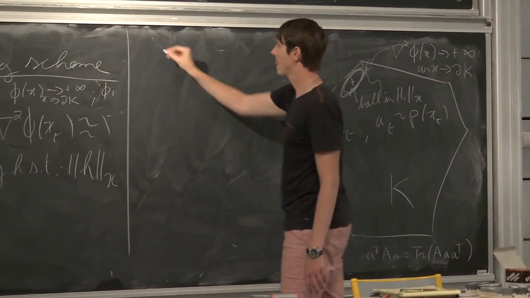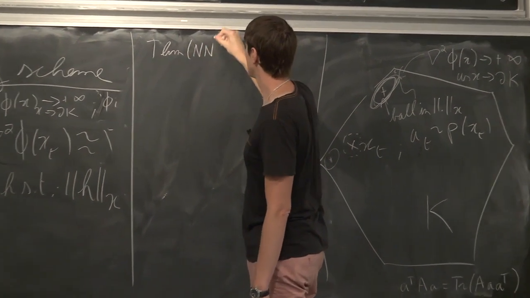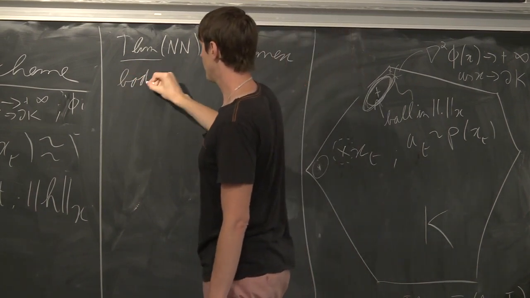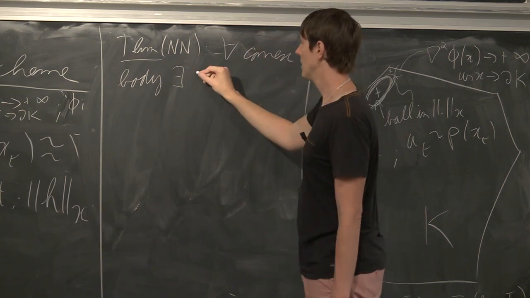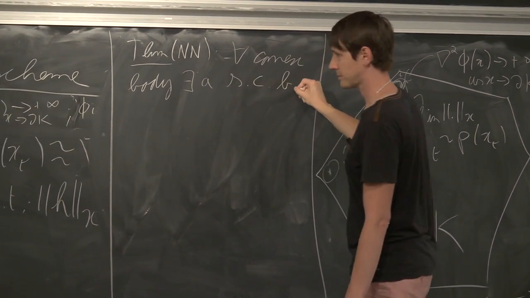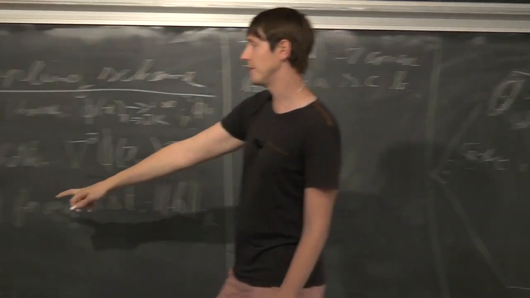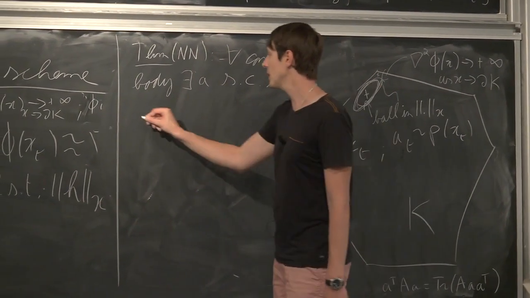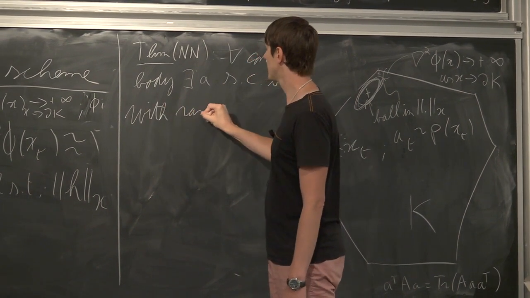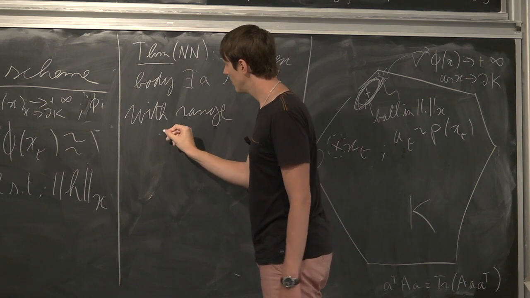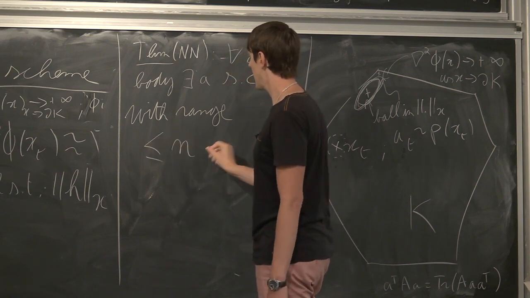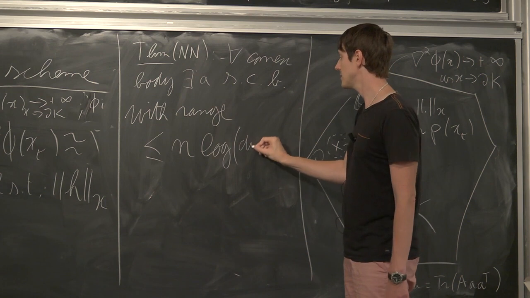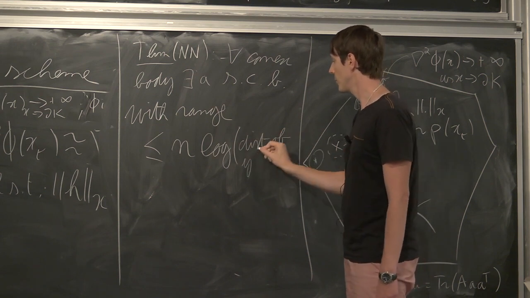So here is a theorem by Nesterov and Nemirovsky. For any convex body, there exists a self-concordant barrier, which verifies that the Hessian is well conditioned on a Dikin ellipse, with range bounded by n times log of the distance of y to the boundary.